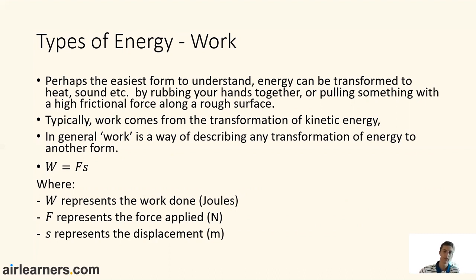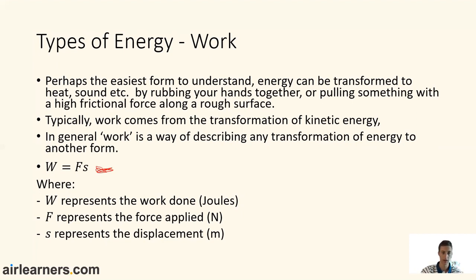So lots of different examples of work. Typically it comes from the transformation of kinetic energy, but it can also be, for instance, the change from potential to other types of energy. So we think of work usually as doing something to move something else, which is a bit of what this formula is about over here. Work is just a way of describing the transformation of energy to another form.